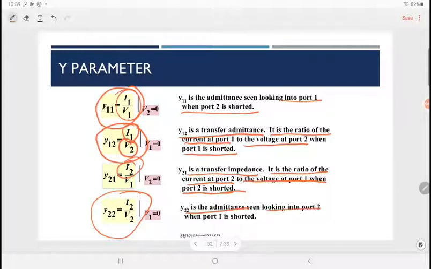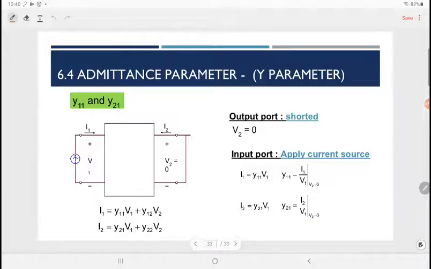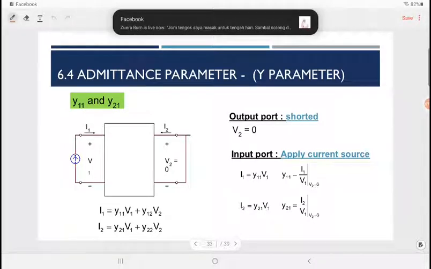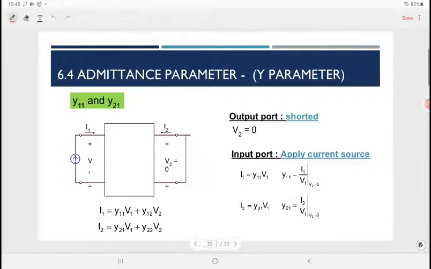Looking into port 2, which is the output part, that's why we call it output admittance when your port 1 is shorted. And this is how we make an analysis for the admittance parameter, right?